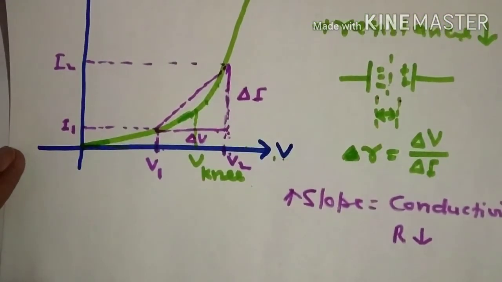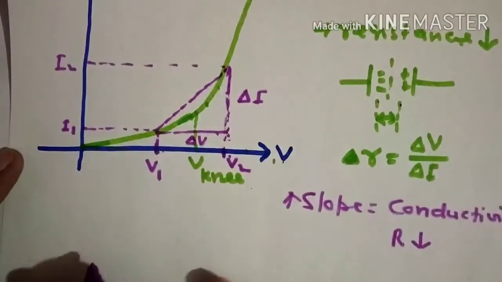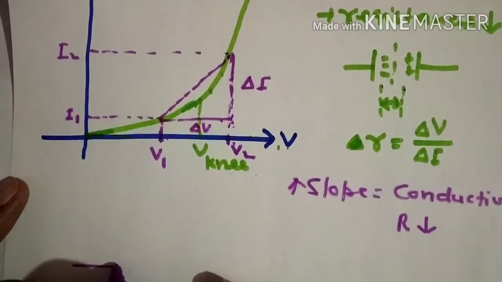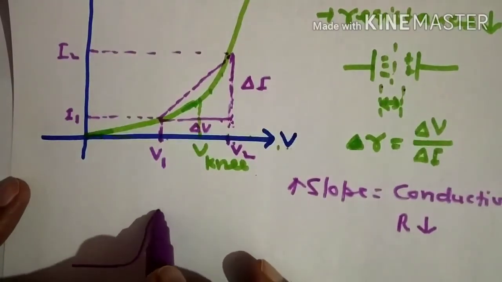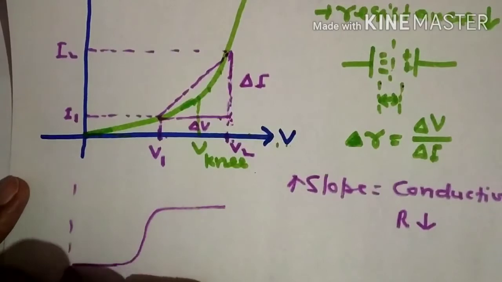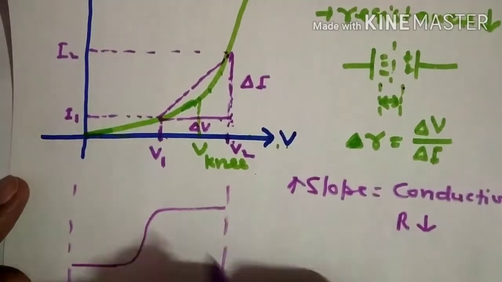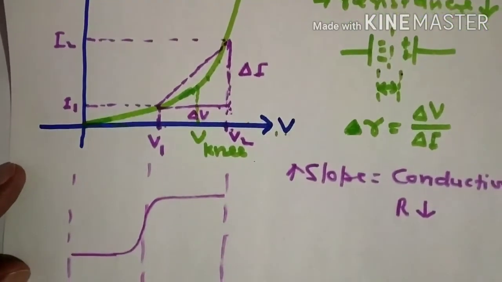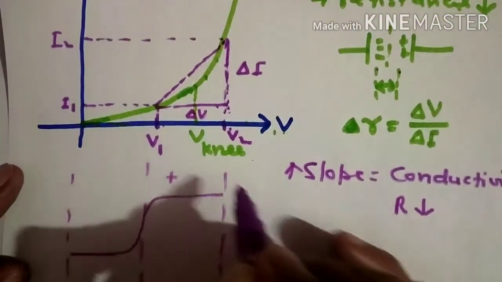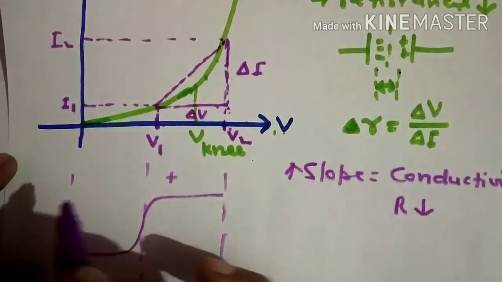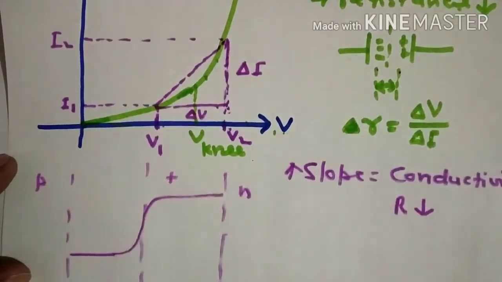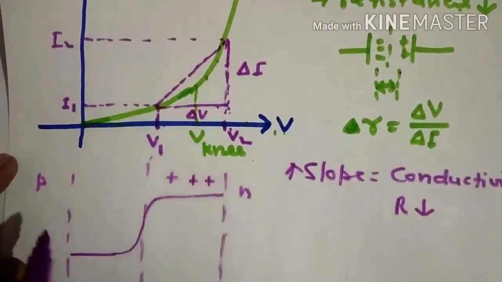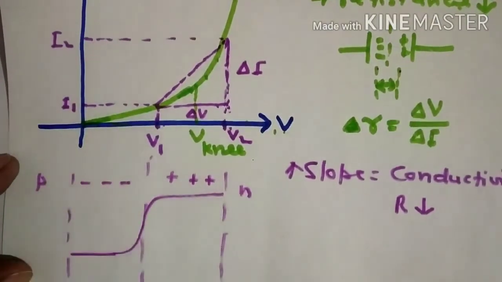About the barrier potential, it's quite clear. Suppose that when the diode was unbiased, this is the depletion layer, this is the junction, and this is the depletion layer. In this depletion layer, this is the N region of the diode, this is the P region of the diode. So here in the N region there is accumulation of positive charge, in the P region there is accumulation of negative charge.